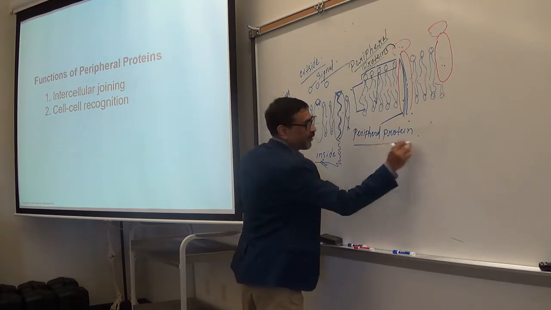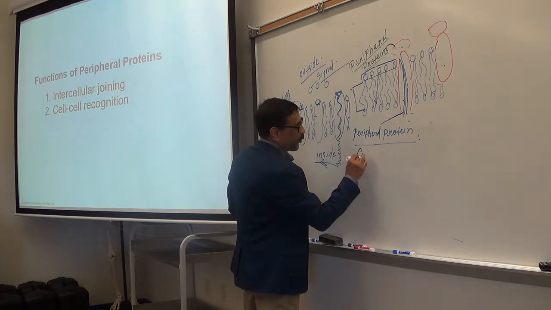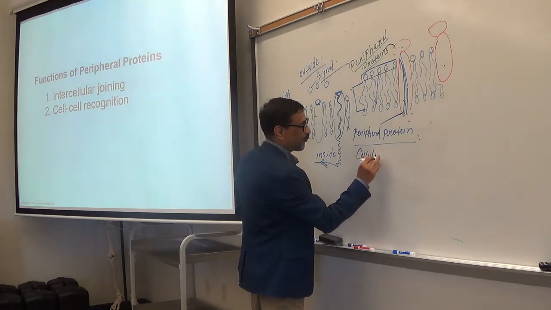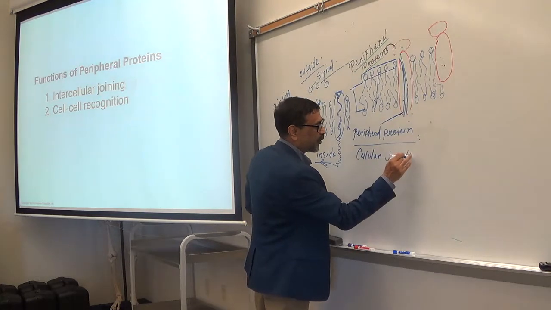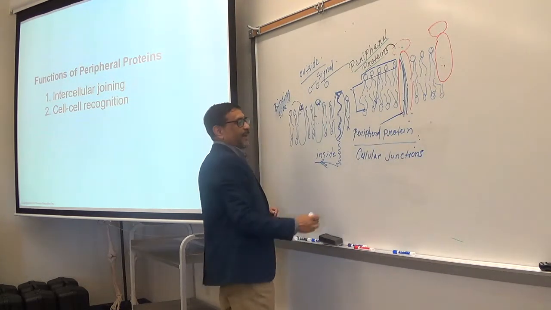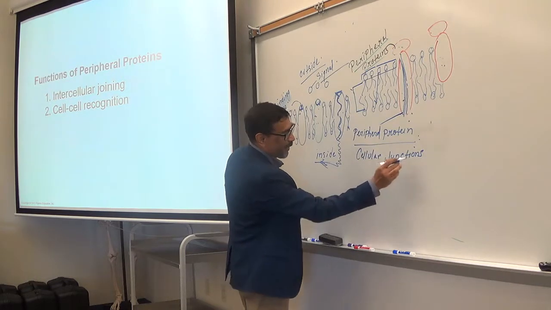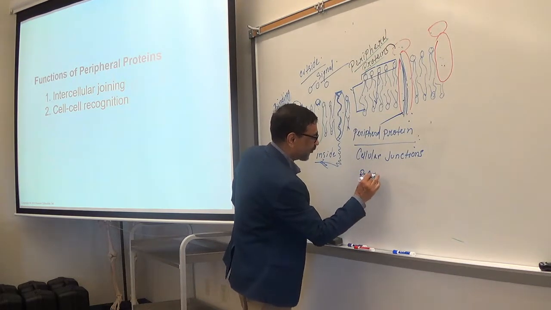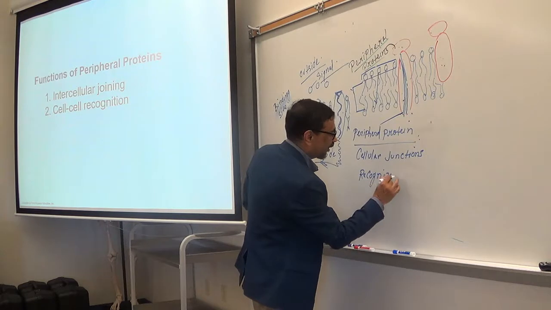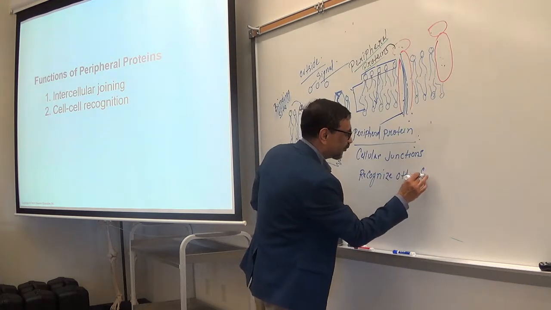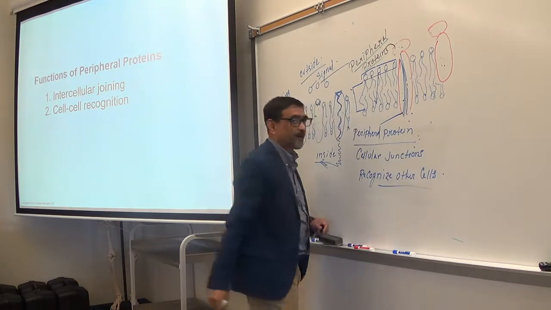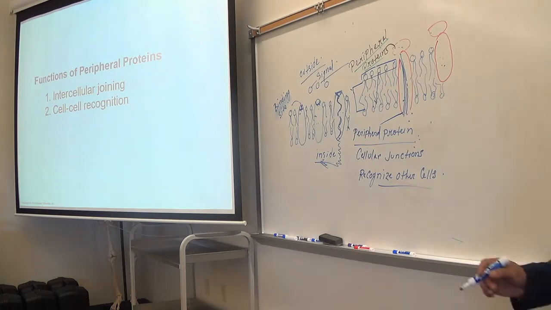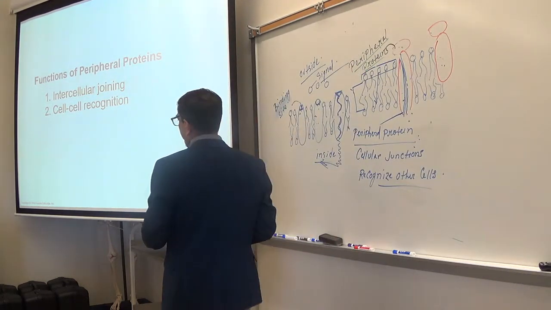Peripheral proteins form cellular junctions or joinings and help to recognize other cells. Help to recognize other cells. That is called cell-to-cell recognition.